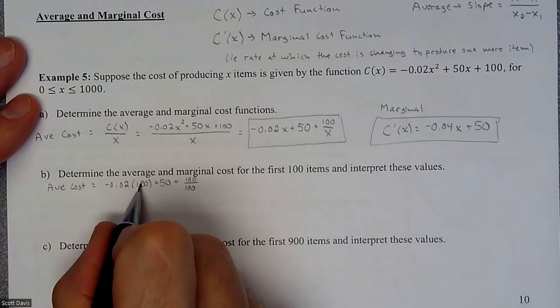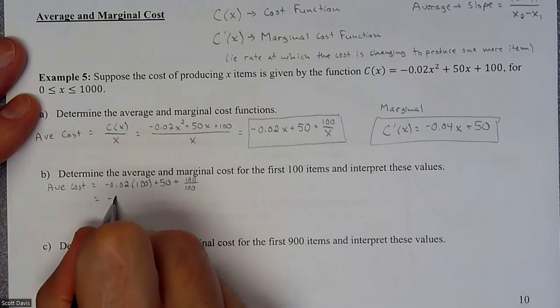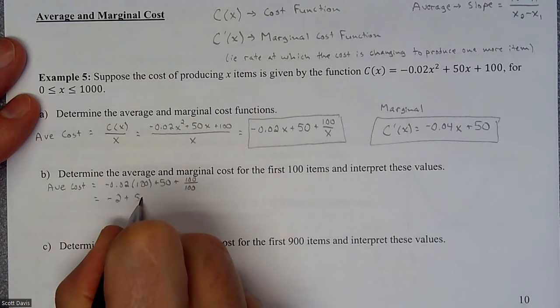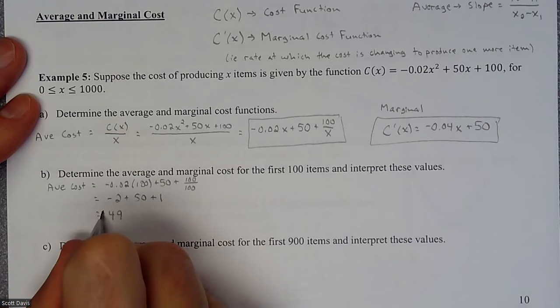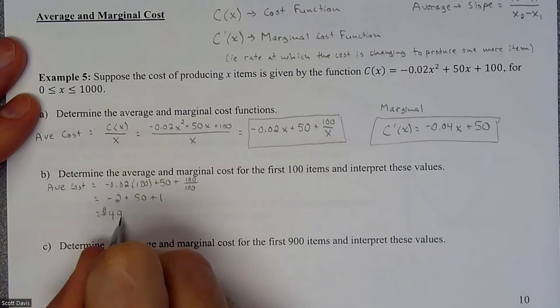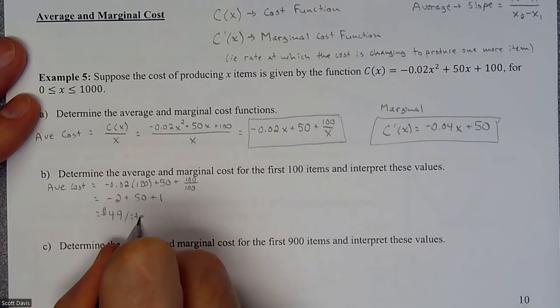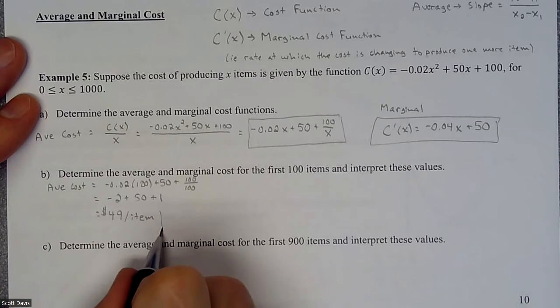So if we do that math, we multiply this, that's going to get us a negative 2 plus 50 plus 1, which adds up to 49. So that idea is it's $49 per item at an average cost.